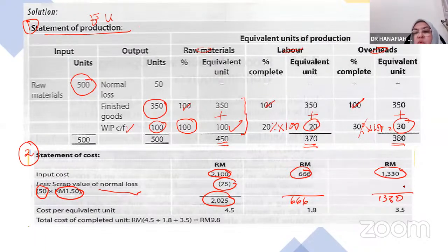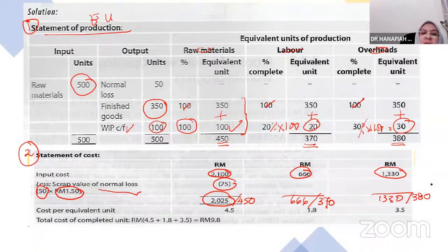If you don't want to write, it is okay. How do you come out with the cost per equivalent unit? Again, 2025 you divide into 450, 666 divide into 370, and 1330 you divide into 380.